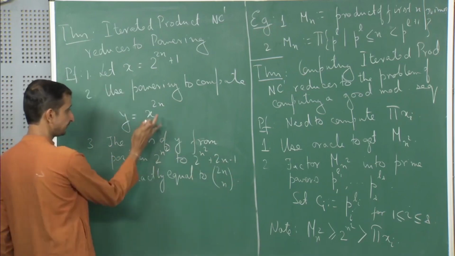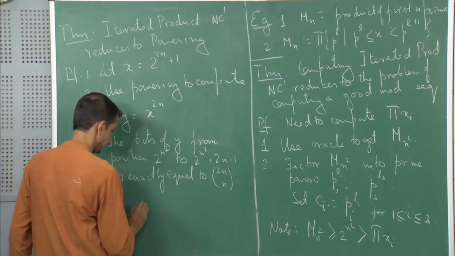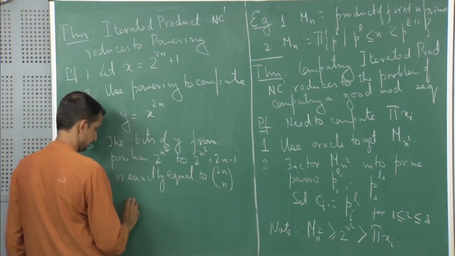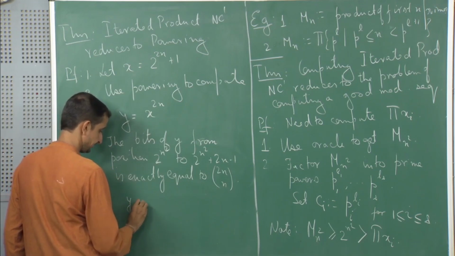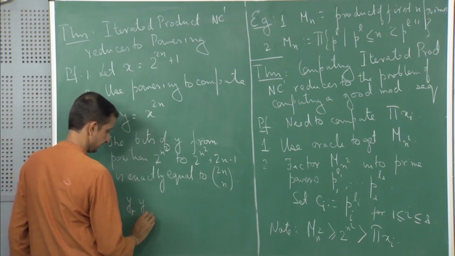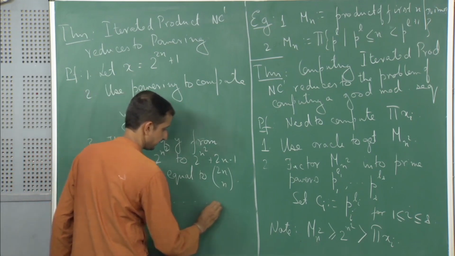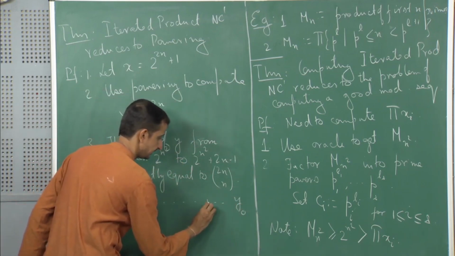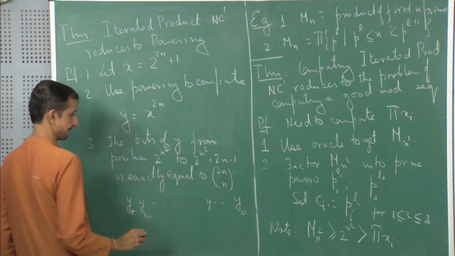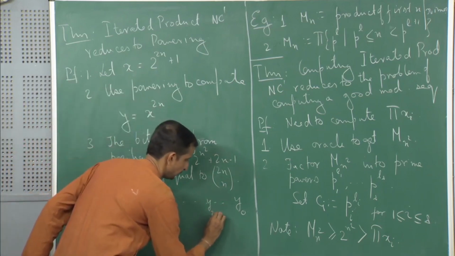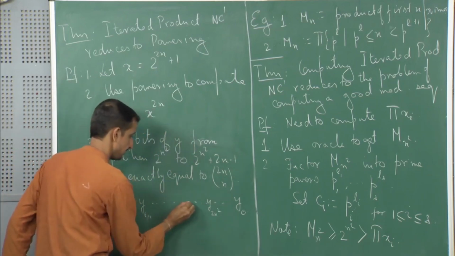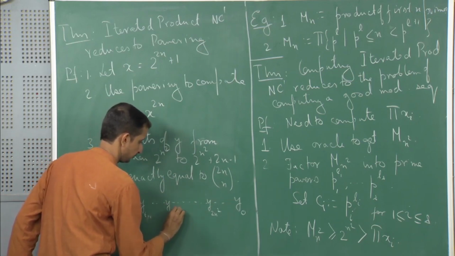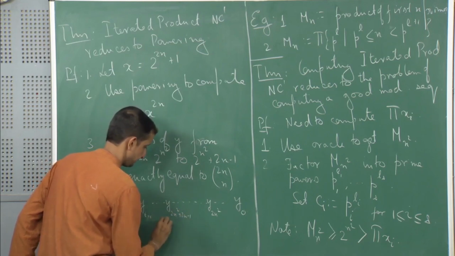So essentially what I am saying is that if you look at this y, I have my bits of y, so let us say it is some y t minus 1 up to y 0. Now look at the positions y of 2n square up to y 2n square plus 2n minus 1.